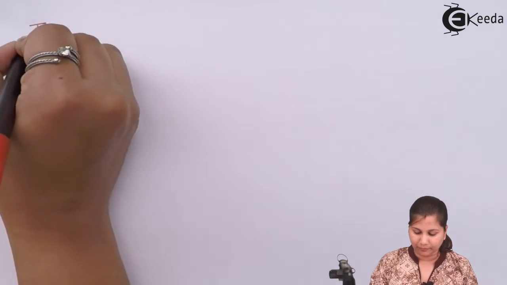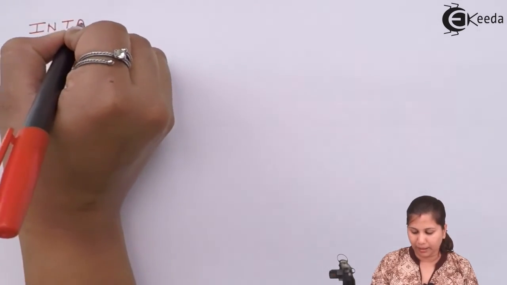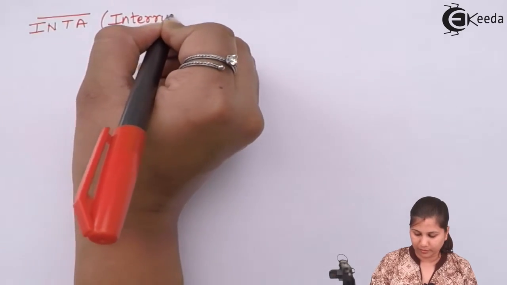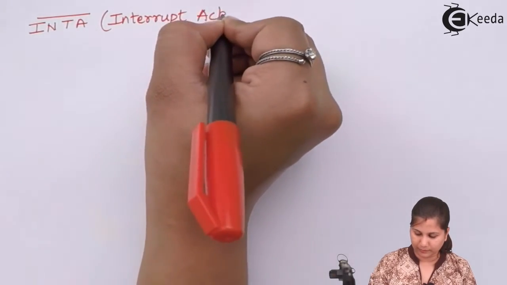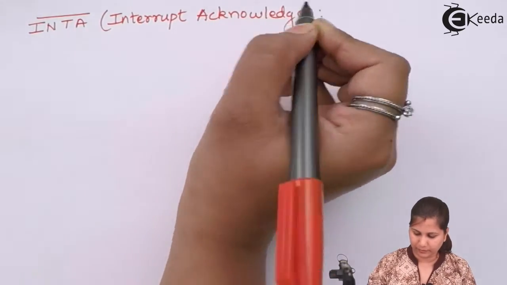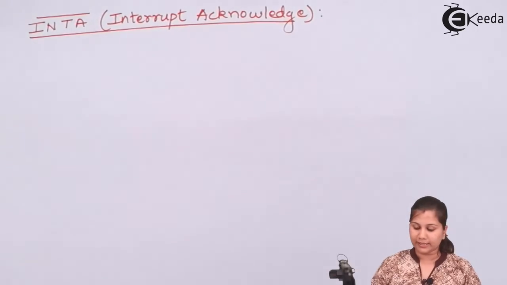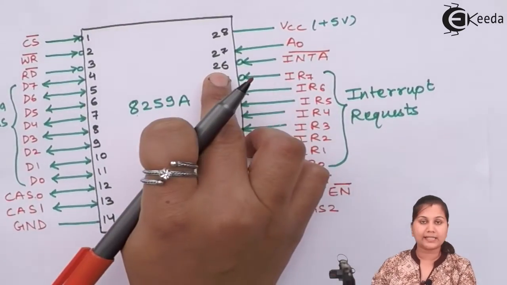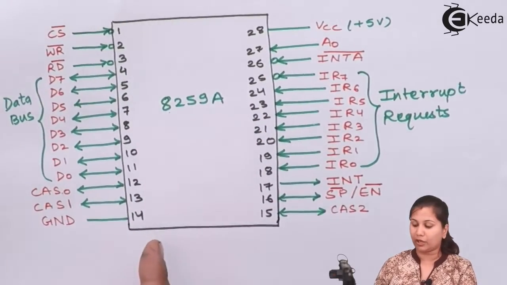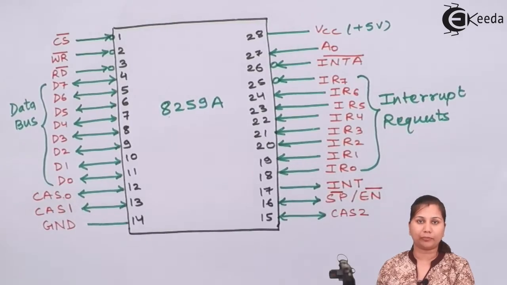Then the next signal in the pin diagram is INTA bar, which is the interrupt acknowledge. This signal is at the 26th pin. It is coming towards 8259 and is generated by the microprocessor.